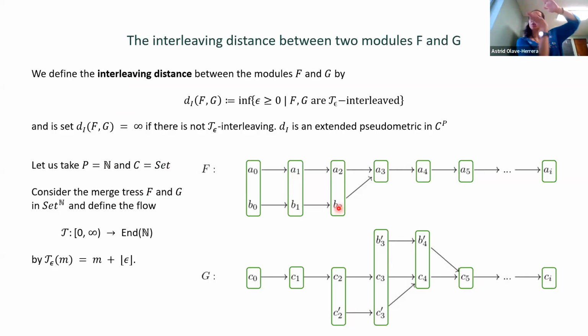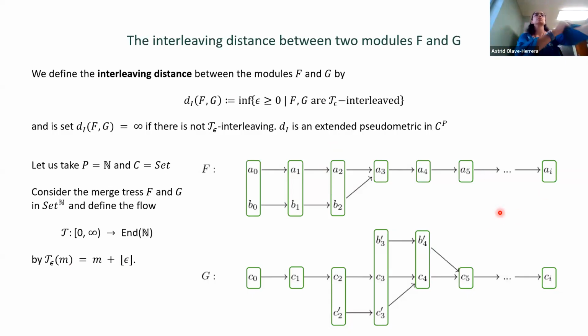So they look like trees, they have branches and they merge, so they're merge trees. And the flow that we are assigning is, for each epsilon, it takes m to m plus the floor of epsilon. So we're just doing the plus that I was saying before. So if we are at 1, T1 of 1 is 2. We're just adding 1 to jump into the next one.